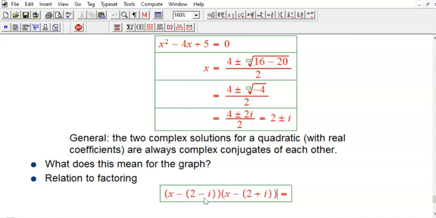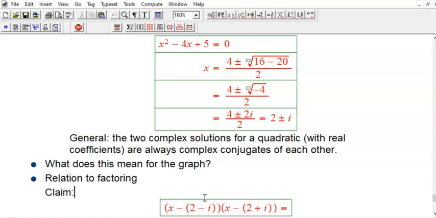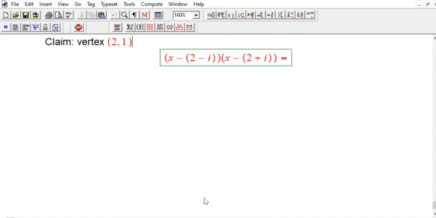This should be some nice real polynomial, and it should be something we can recognize as having vertex, let's see, this was the claim, vertex 2, 1 in particular. Does it really? So let's see, it's getting a little long, but bear with me.